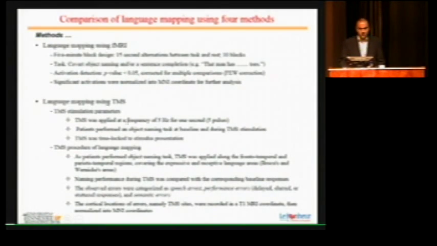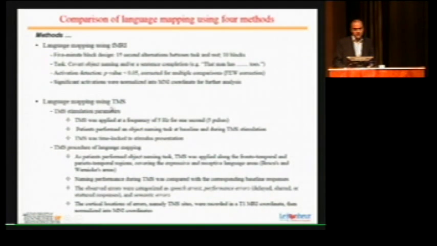Our task was covert object naming and/or sentence completion. This is an example of a simple sentence that we ask the patient to complete for this task. Then activation detection was a p-value of 5%, and we corrected with Bonferroni correction. Then we normalized the activation into MNI coordinates for comparison of all patients together.